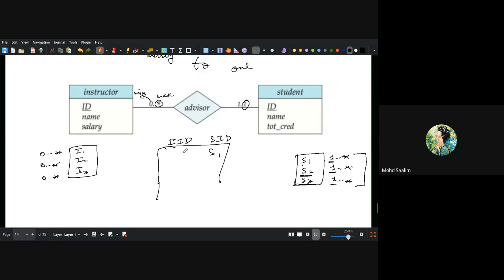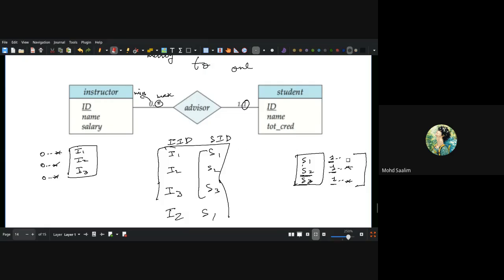S1 can be associated with I1, S2 with I2, S3 with I3. But because the maximum is a star, I can again have S1 with, let's say, I2. But this is showing the minimum: at least S1, S2, S3 should come once. This is why we quickly understand that it is total participation.